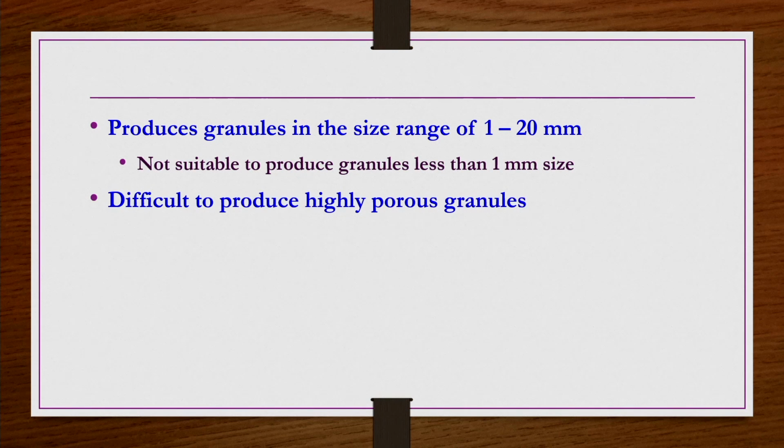They are very difficult to use for producing highly porous granules, because in this continuous or batch process, spraying of solutions or binders is done. When particles come in contact with the binders, the interstitial spaces between the particles are occupied thoroughly and efficiently by the binding material. Because of that, getting a porous structure is a bit difficult using tumbling granulators.